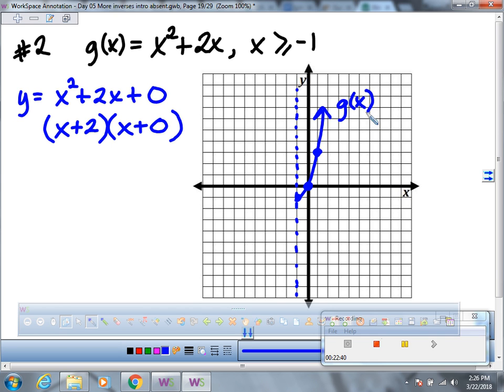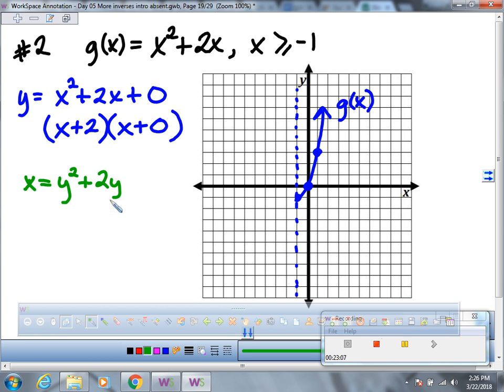So what's the second part now? Now I have to switch x and y. I'm going to switch that to an x and this to a y. X equals y squared plus 2y, right?